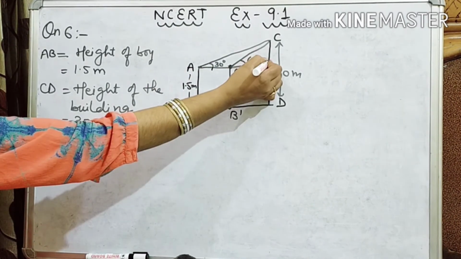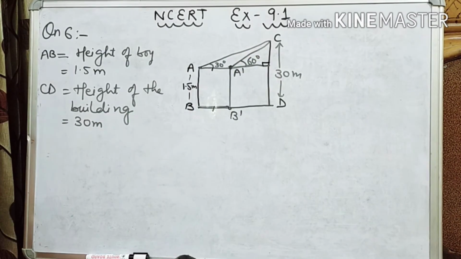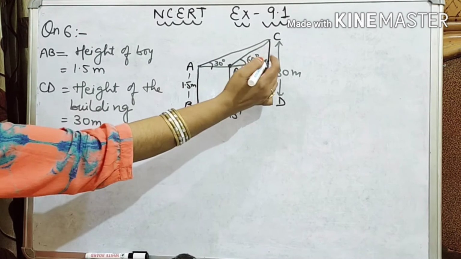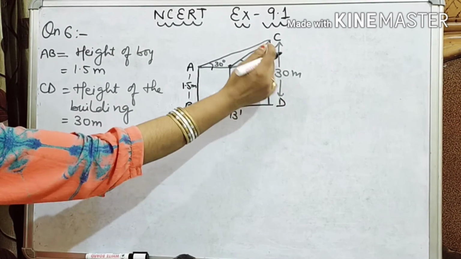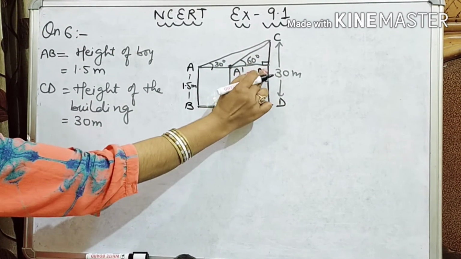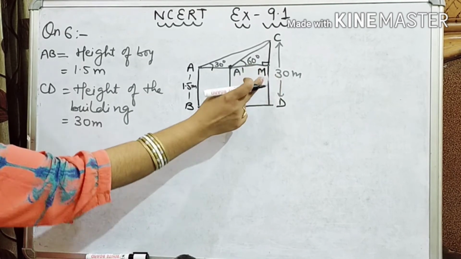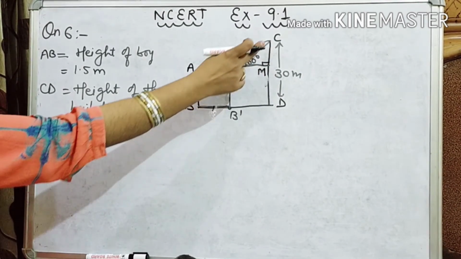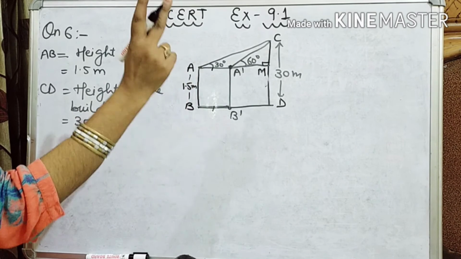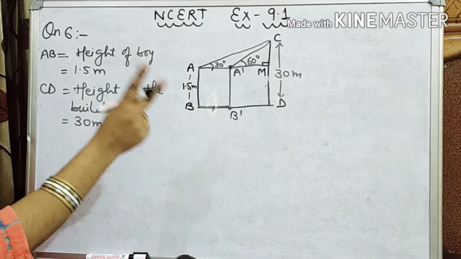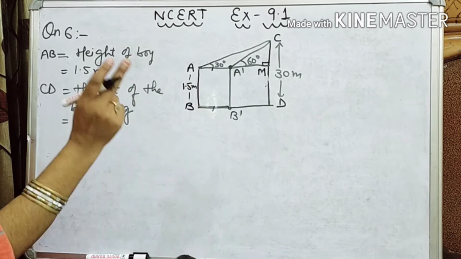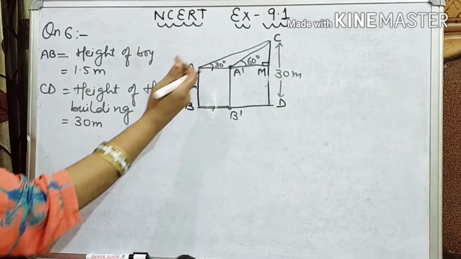This is the angle of 90 degrees, and with the help of these right triangles, let's say this point is M, C M A dash and C M A, these two right triangles will help us in getting the distance covered by the boy.